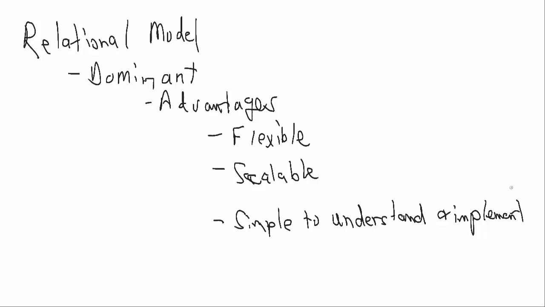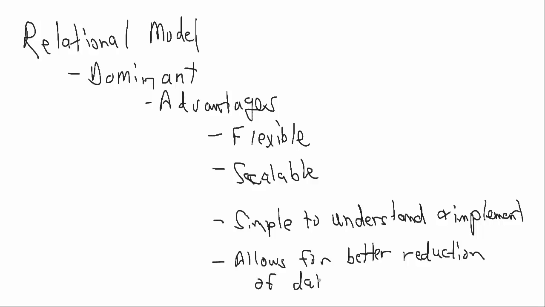We can look at a relational database model and understand the nature of the various classes of information, the tables of information, fairly naturally compared to looking at a network database model or a strictly hierarchical model. Another advantage is that a relational database allows for better reduction of data redundancy.